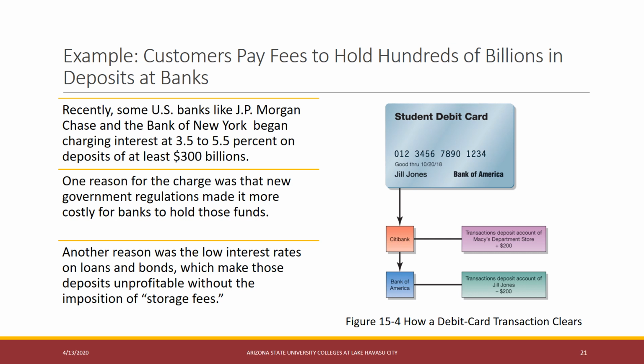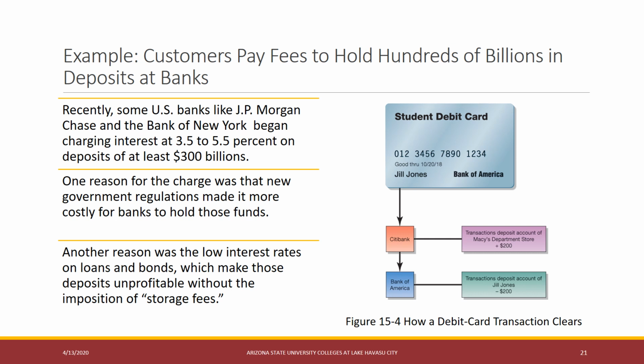Here is an example relating to how a debit card transaction is cleared. Suppose there is a student and his name is Jill Jones. He uses a debit card issued by the Bank of America to purchase clothing worth $200 from Macy's department store.